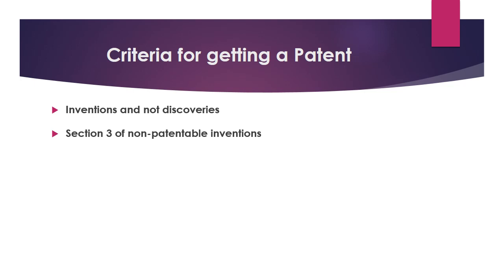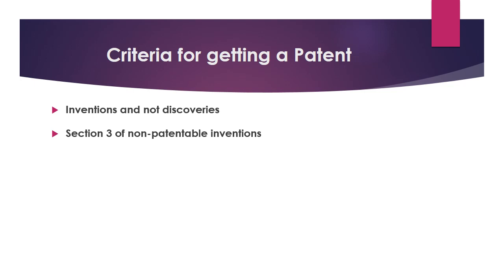If something you are claiming is contrary to well established laws, then also it is not patentable. Section 3 has around 10 to 11 points which are non-patentable. So you should first see whether your invention falls under those subsections of section 3 or not. If it is falling, then there is no use of going ahead. If it is not, then you should go ahead.